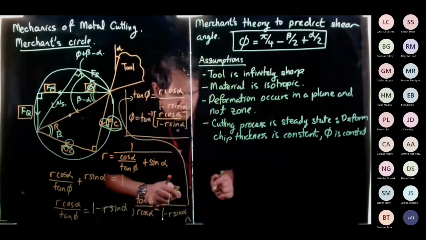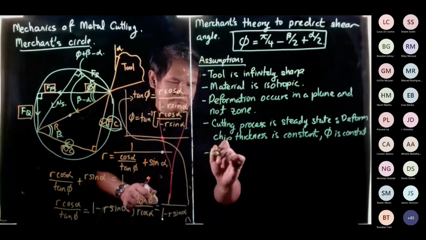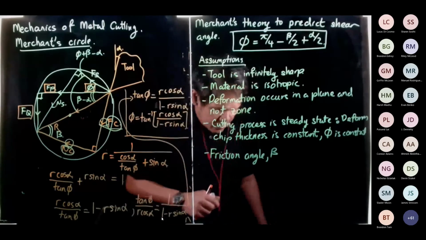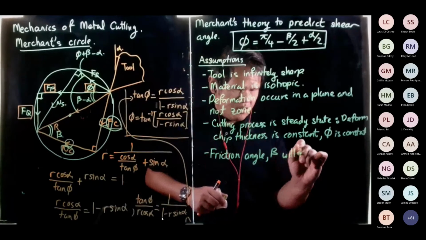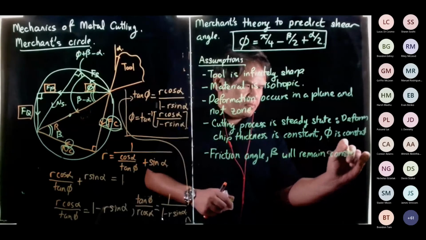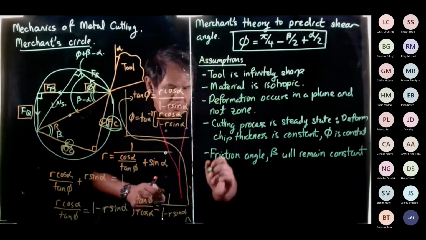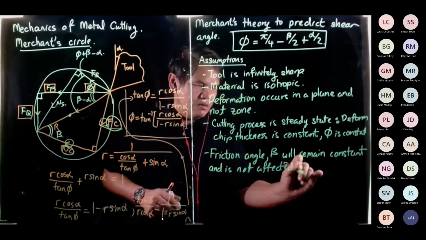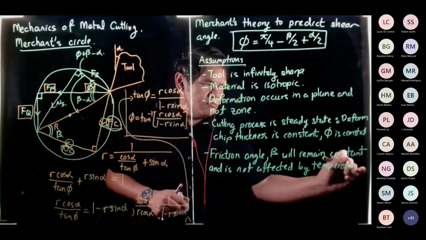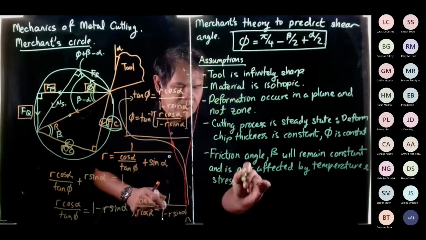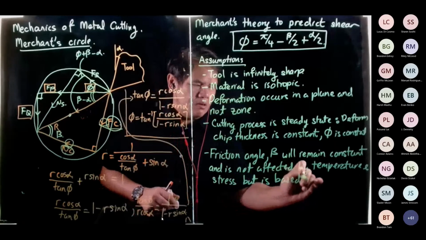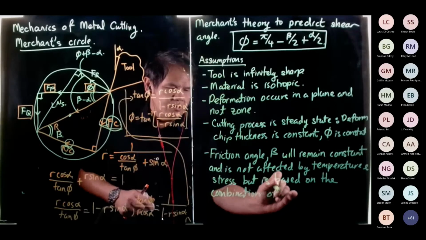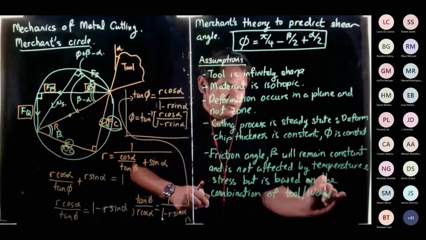And the two big ones, okay, the two big ones is the friction angle beta, right, will remain constant, right, will remain constant and is not affected by temperature and stress, but is based on the combination of tool and workpiece material.